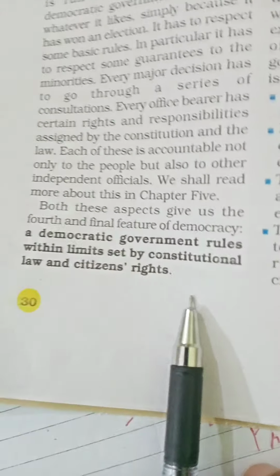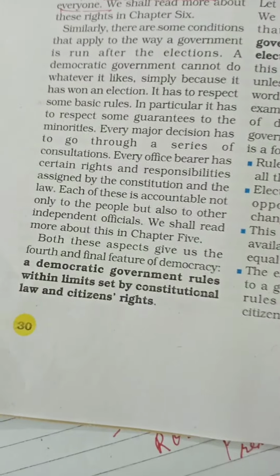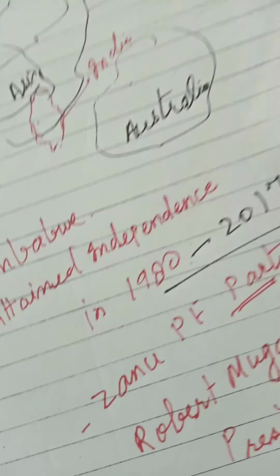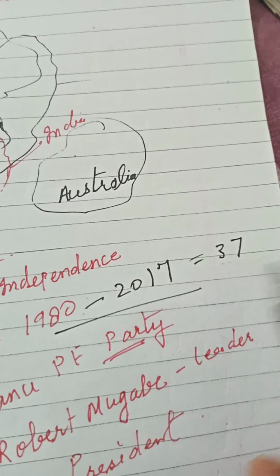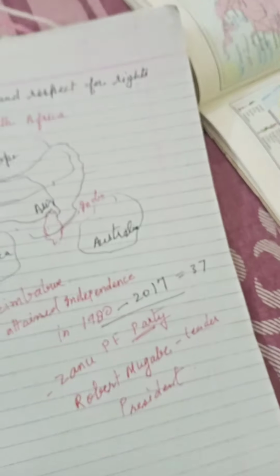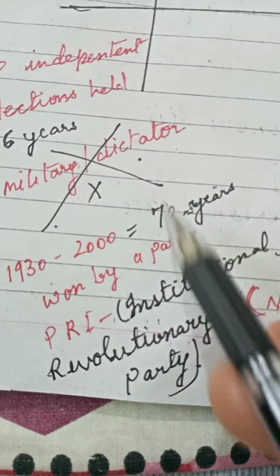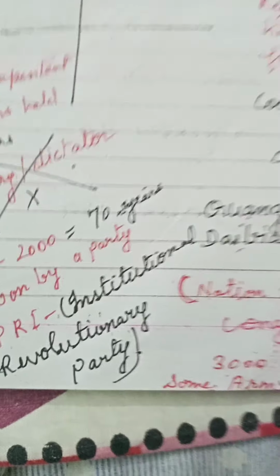Democracy means that a democratic government should rule within the limits, not crossing the limits, as in Zimbabwe, continuing to rule over 37 years, as you have seen in Mexico, continuing to rule over 70 years.